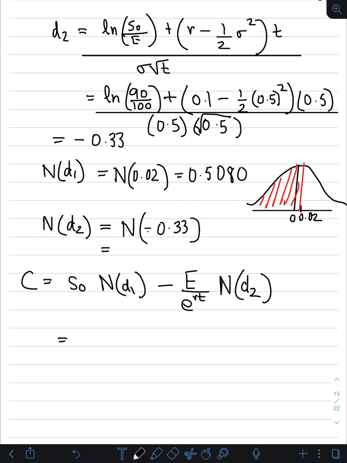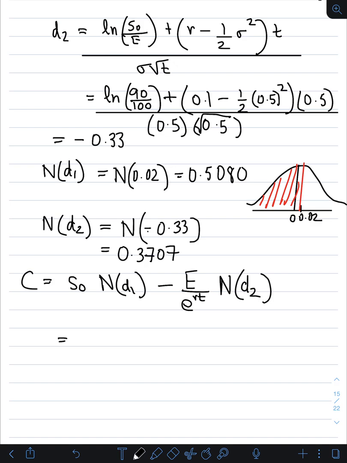If we have a number for our D1 and D2 that's greater than 0, we'll get an area that's a little bit above 0.5. If you have a number that's less than 0, we'd have an area that's less than 0.5. Okay, so if we find out the value for minus 0.33, you're going to end up with 0.3707.